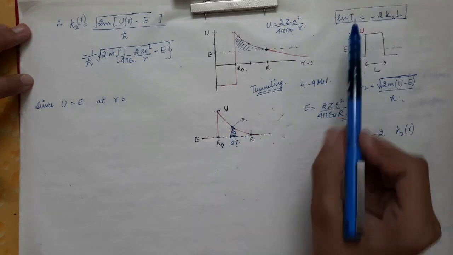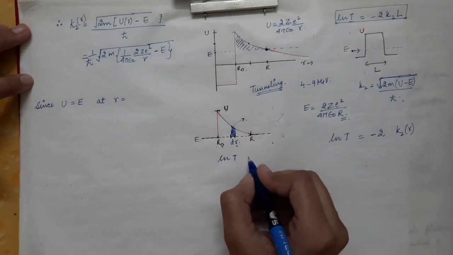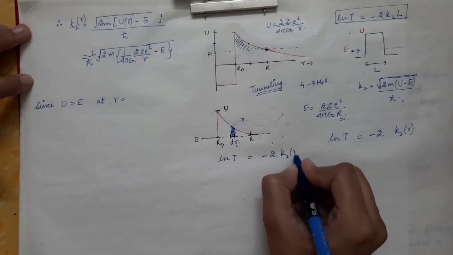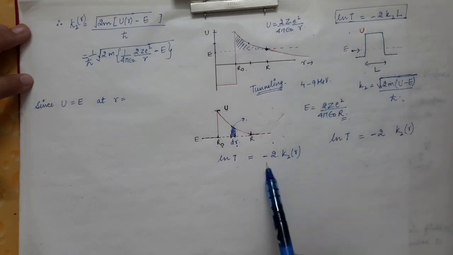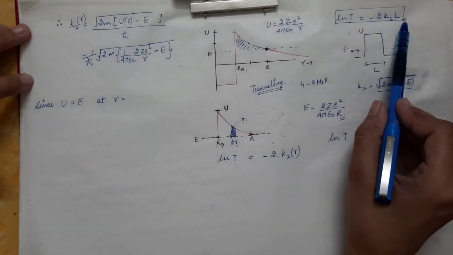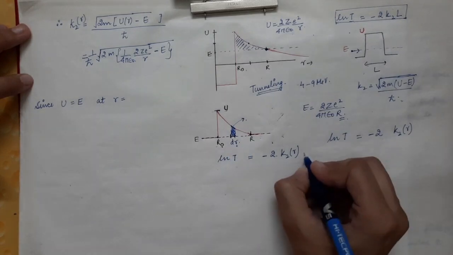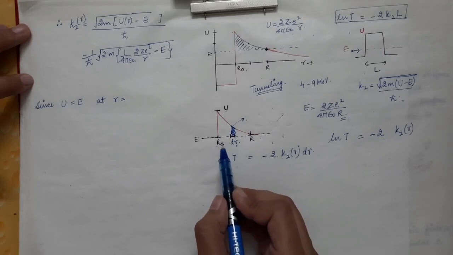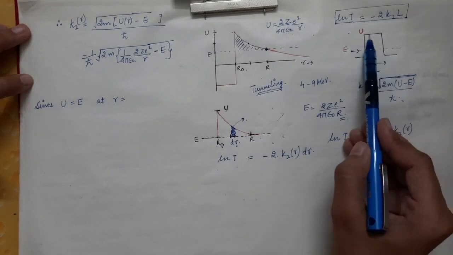So the natural log of t for this particular patch will be given by -2 into K2, which is dependent upon R. So K2 is a function of R. So the natural log of t will be given by -2 K2, which is dependent upon R, into the thickness of the barrier, or you can say the width of the barrier, and the width of the barrier is nothing but dr. So we are just taking this small patch for the time being, and this small patch is equivalent to a potential barrier of constant height.